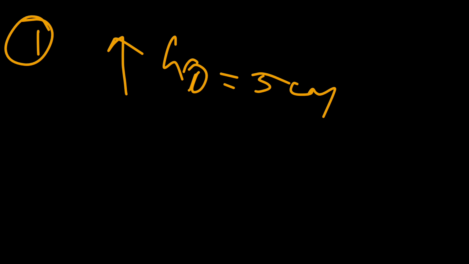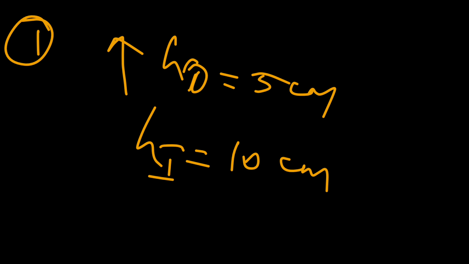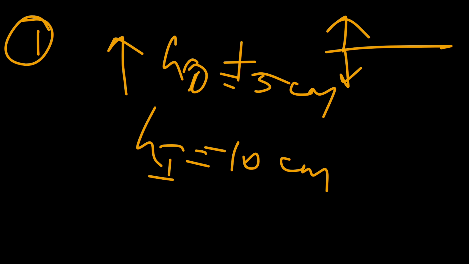The height of the object is 5 centimeters and the height of the image is 10 centimeters. Find the magnification. Remember, the height of the object in the upward direction is taken as positive, and the height of the image in the downward direction is taken as negative.